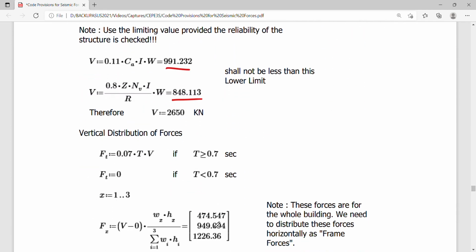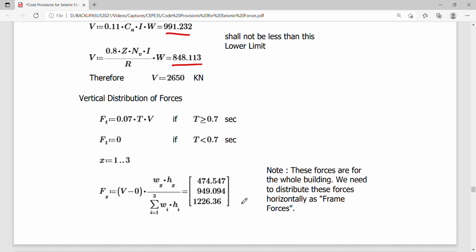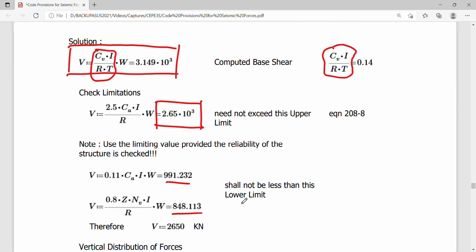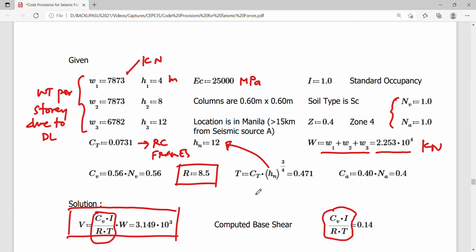Okay, so for the vertical distribution of forces, Ft is computed on the basis of the formula 0.07 TV if T is greater than 0.7 seconds. But if we take a look at the period that we have computed here, T is not greater than 0.7 seconds.